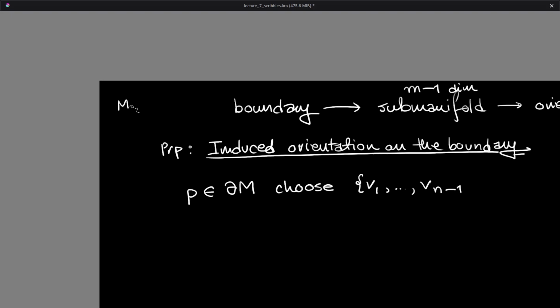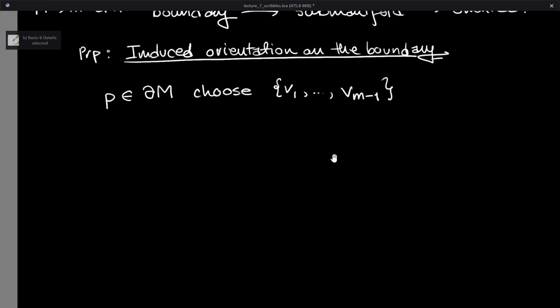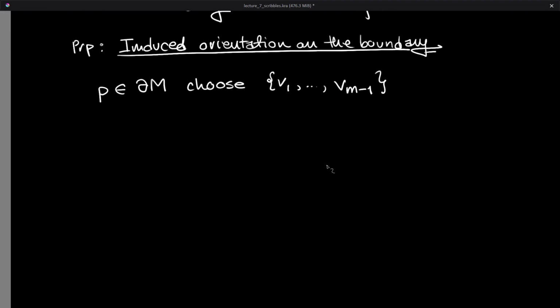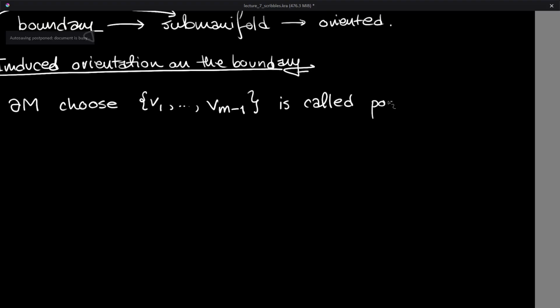If M is m dimensional, then this is an m minus 1 dimensional submanifold. So this will be v(m-1), right? Then this is called positive orientation.